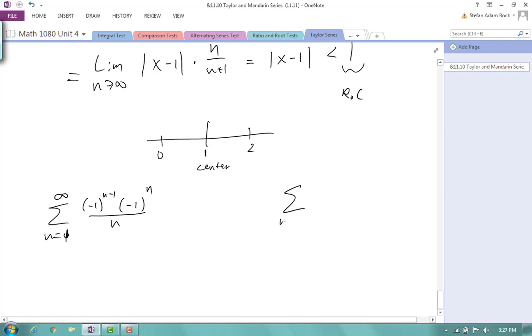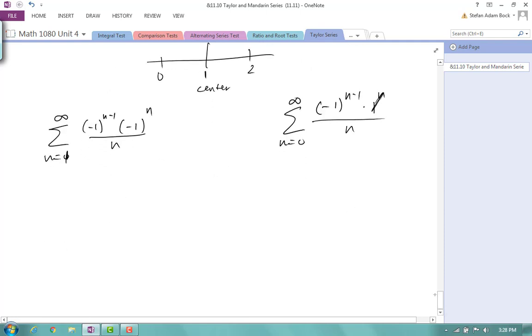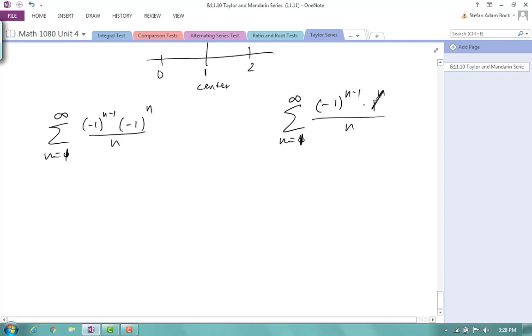And on the other hand, I'll go from n equals 0 to infinity. I'll have negative 1 to the n minus 1 multiplied by 1 to the n, which is just 1, so you'll ignore it, divided by n. Again, this is supposed to be from 1. But this series on the right is an alternating harmonic series. This converges.